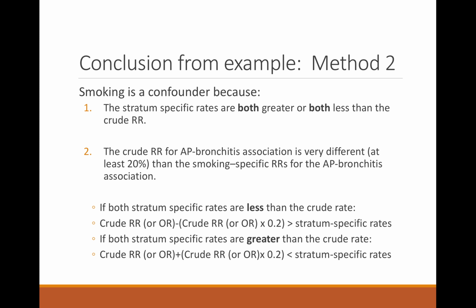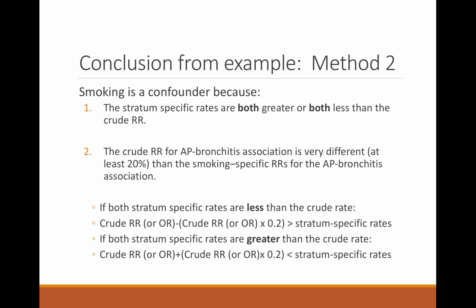And we also want to test if it's large enough. So is this crude relative risk for our association very different, at least 20%, from our stratum-specific relative risks? If it's large enough, so at least 20% different, then we would determine that this relationship is being confounded.